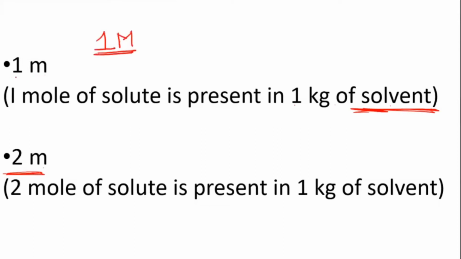For molal solution, small m is used for denotation. Even after the calculation, if they have asked you in the problem to calculate molarity or molality, in front of whatever number you get, you will write this as a unit. So capital M stands for molarity and small m will stand for molality. So don't make that mistake. Write properly. Capital M should be visible properly.